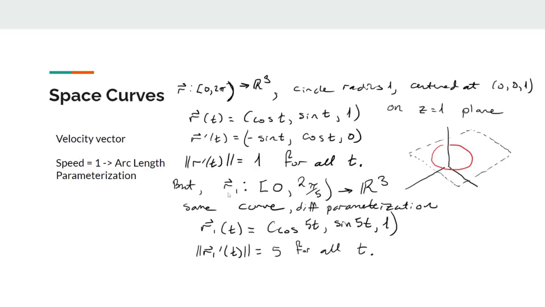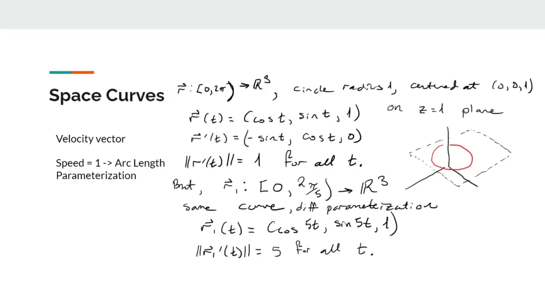But on the other hand, we have r sub 1, which maps from a smaller interval into R3, and it's the exact same shape, but it has a constant speed equal to 5.